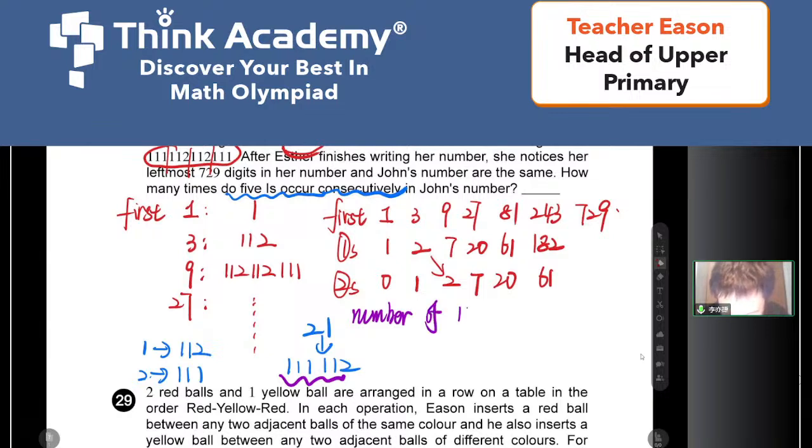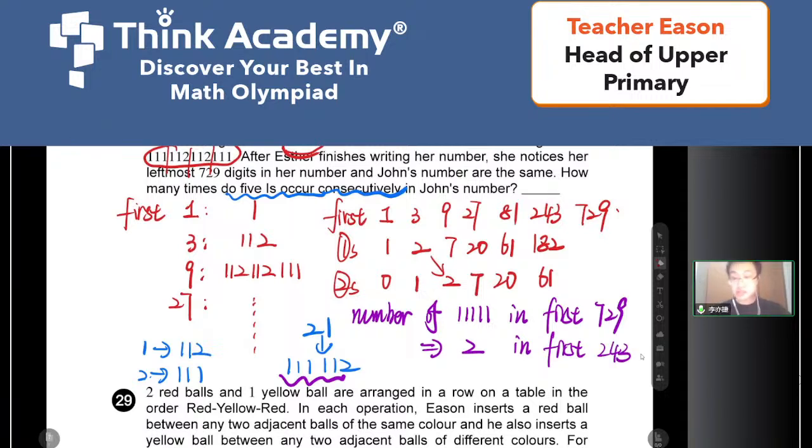So now, if we want to determine the number of 1, 1, 1, 1, 1 in the first 729 digits, it's just referring to the number of 2s in the first 243 digits, right? So this question has a little trick.